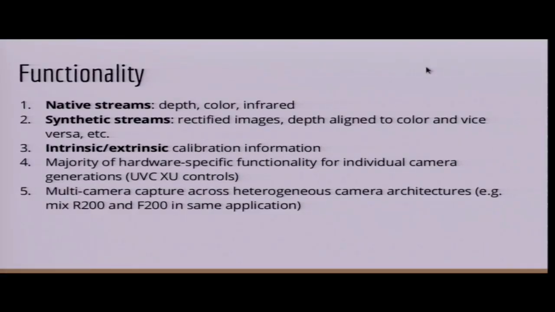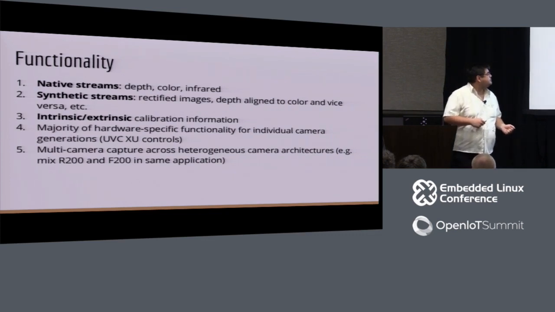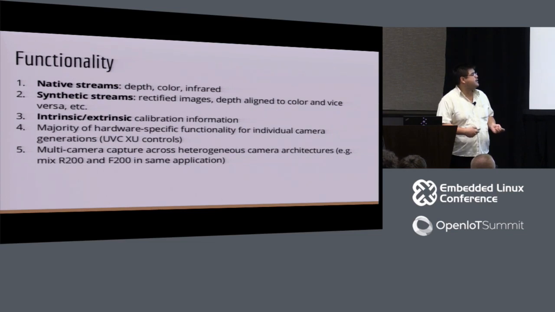The library brings some functionality. It brings the streams from the depth, the color, and the infrared. Also, it brings the rectified images and depth aligned to the color. We will see some pictures in the next slide.